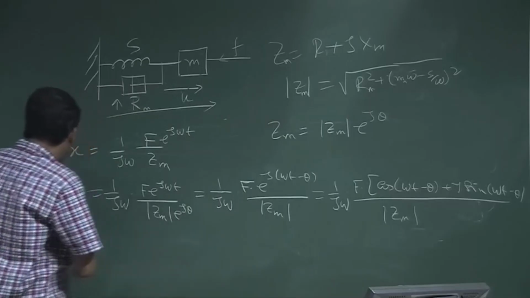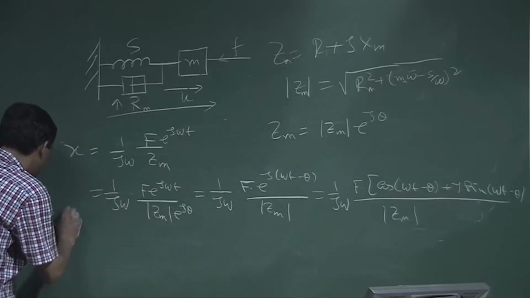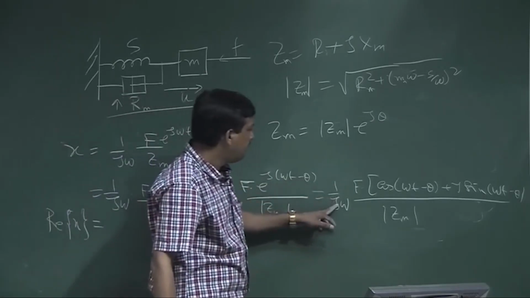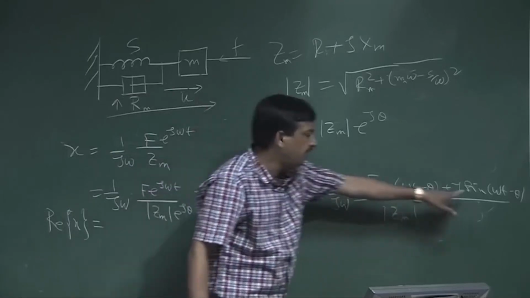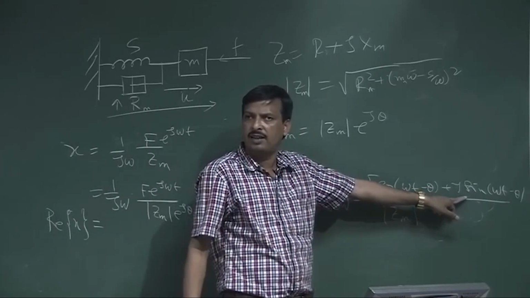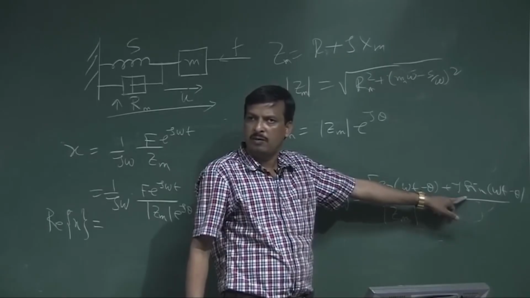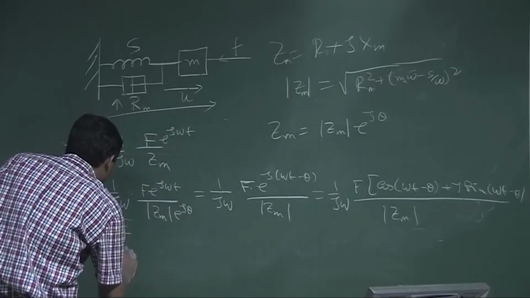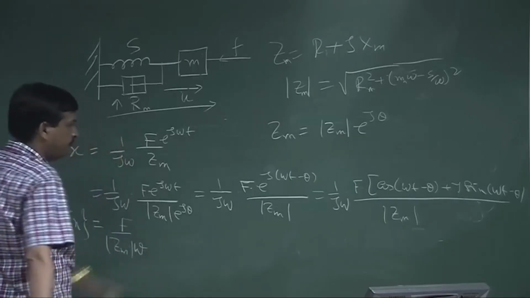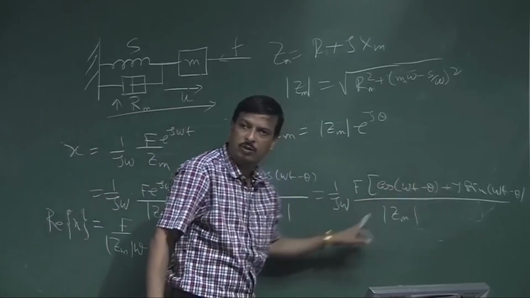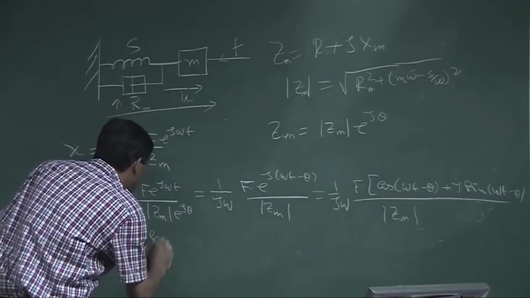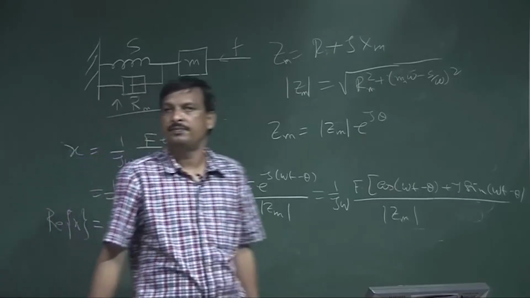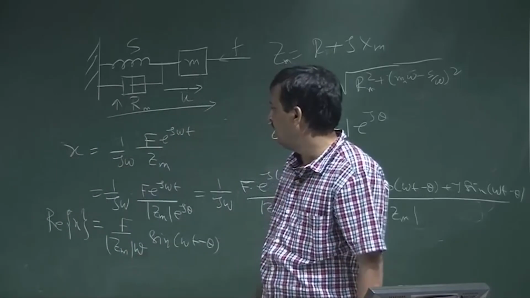Now, if I want to find out the real part of x, the cosine term will be imaginary part then, and the sin term will be the real part, j cancels. So, real part is f by mod of Zm into omega, 1 by j omega, j cancels, omega will be there, into sin of (omega t minus theta). So, this is the real part of the x.